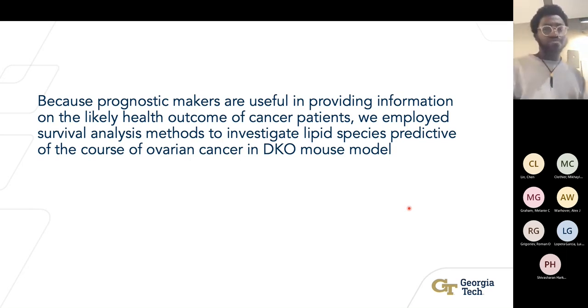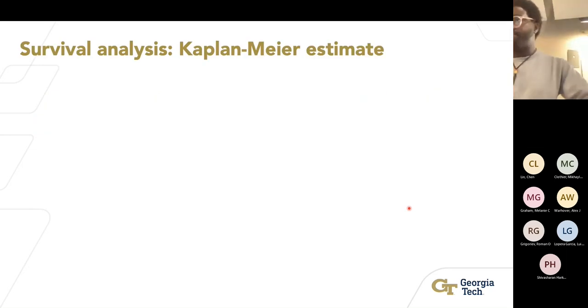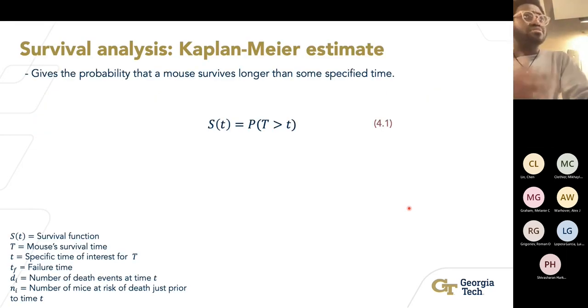So what we did next was essentially to use some survival analysis methods to investigate what lipids can be predictive of the course of ovarian cancer in this mouse model. And to do this, we essentially use a survival analysis. And of course, to do that, we have to get a survival function. The survival function gives us the probability that a mouse survives longer than some specified time.